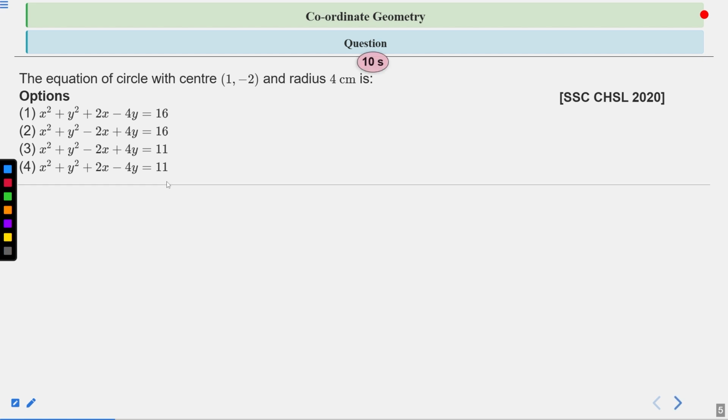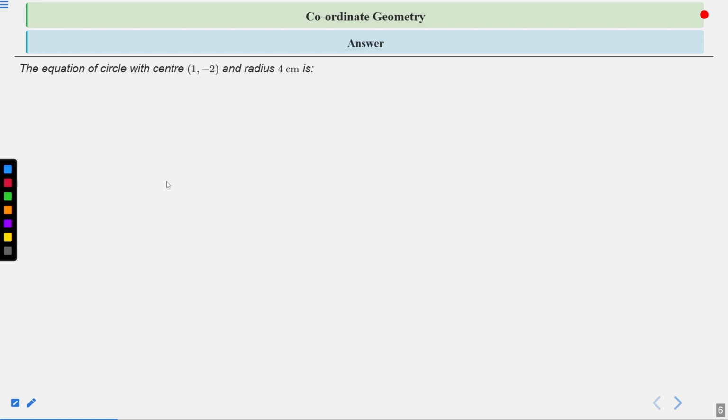Now you have 10 seconds to solve this question. Your time start now. Now time's up. Let's see the solution of this question. So question is, the coordinate of the center of a circle is given, which is 1, minus 2, and radius is also given, which is 4 centimeter.